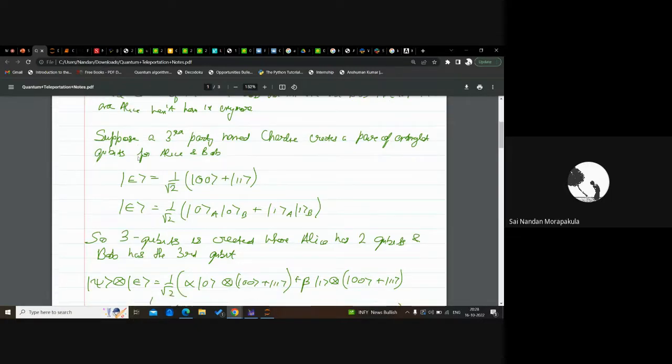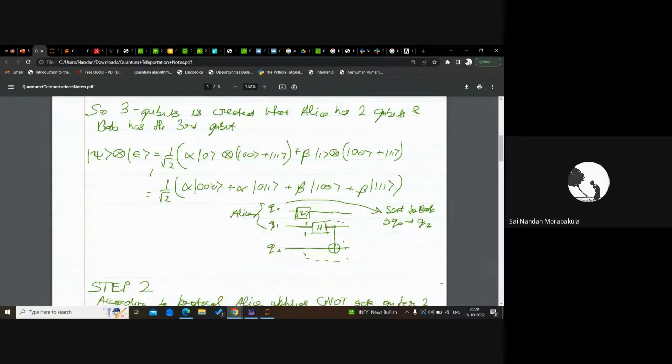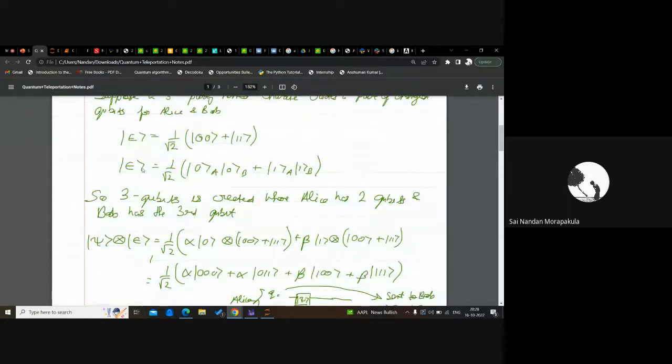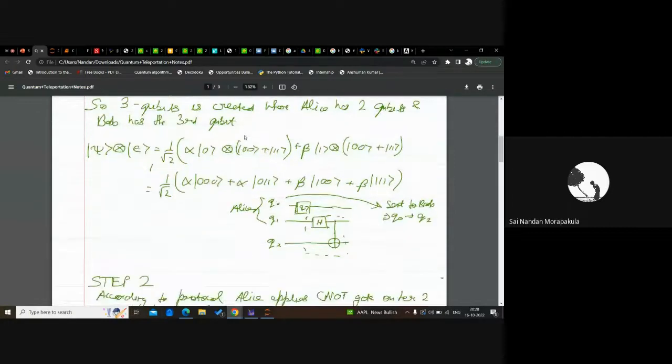Coming to the mathematical part, tensor products and all, I hope you are clear with the tensor products. I hope other volunteers have clearly explained, and you already have a good intuition about it. So you calculate the tensor product of this psi state, which Alice already has, with the entangled pair, which is 1 by root 2 of 00 plus 11, and then this is the final output state after Bob gets the entangled pair from Charlie.